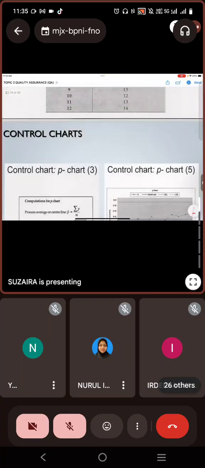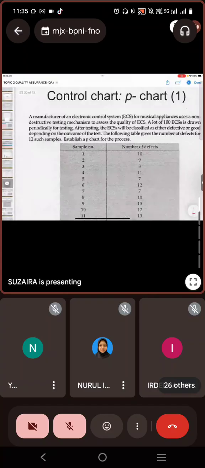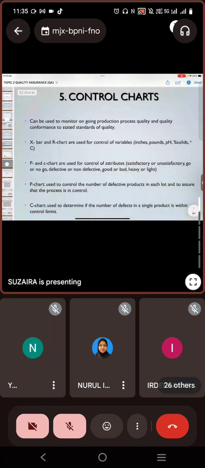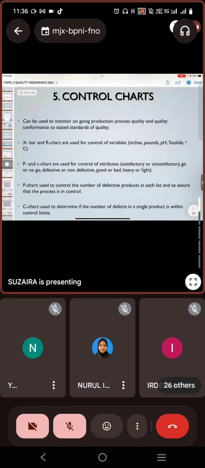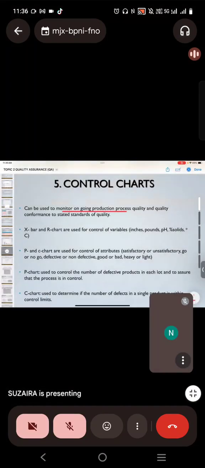The introduction would be here. In terms of the control chart, basically we want to monitor the ongoing production, the ongoing process. It relates to the variables that we have for each of the products, and we want to know whether we produce product within the range, within the spec or not.